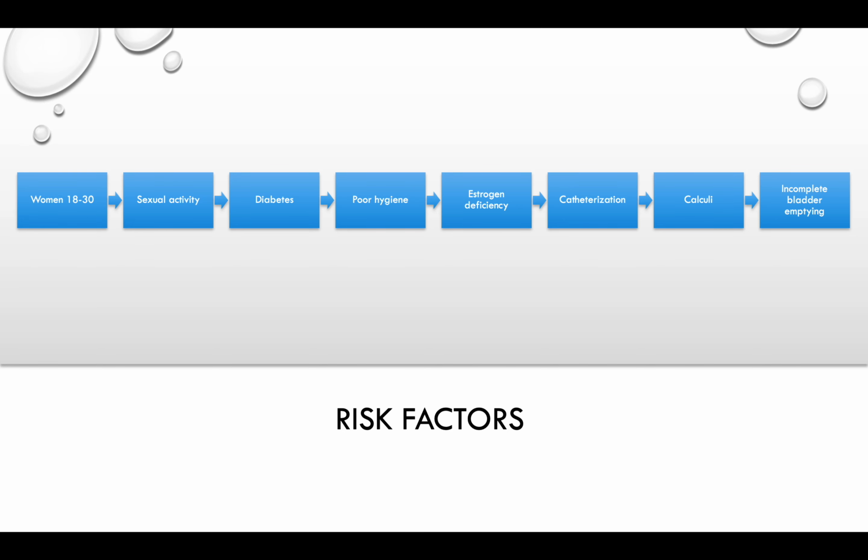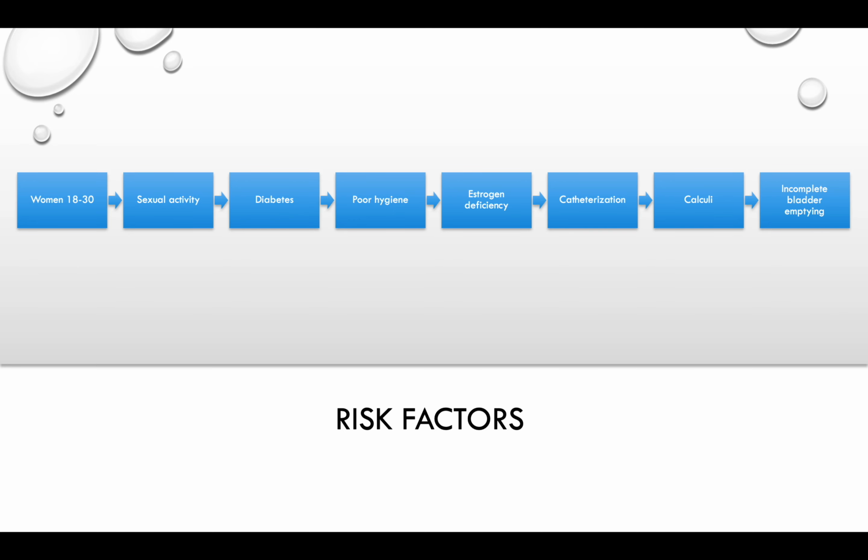Again, if you have urine that sits in the bladder when it's not supposed to. Now, we always have a small amount of residual urine that's left inside the bladder, but if it's an excessive amount of urine that's left and we have a large residual, then it just becomes this medium for which bacteria can grow.